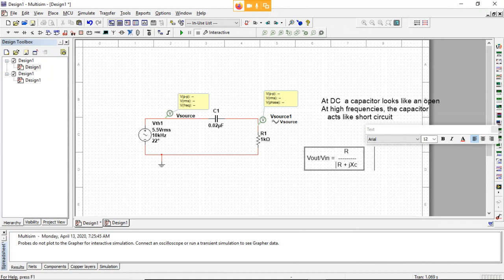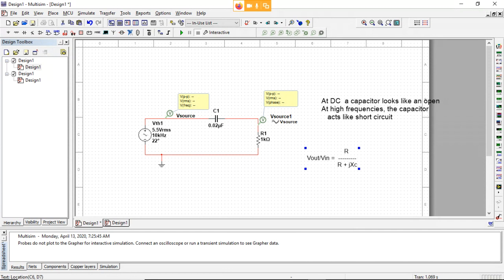Now, here's the question for you. If we come back and look at this text up here, at a high frequency the capacitor acts like a short. So what does that mean? What is the value of X of C at high frequencies? Anybody want to take a stab?